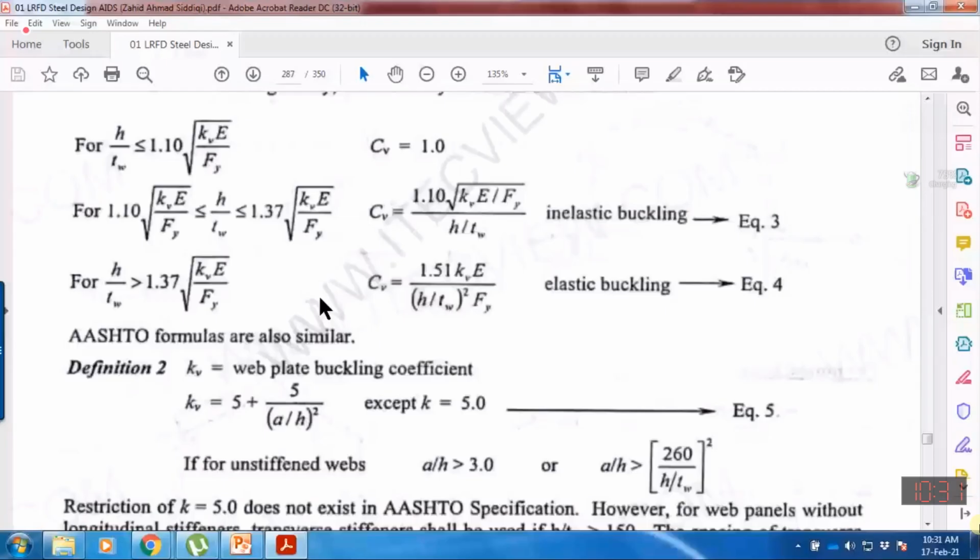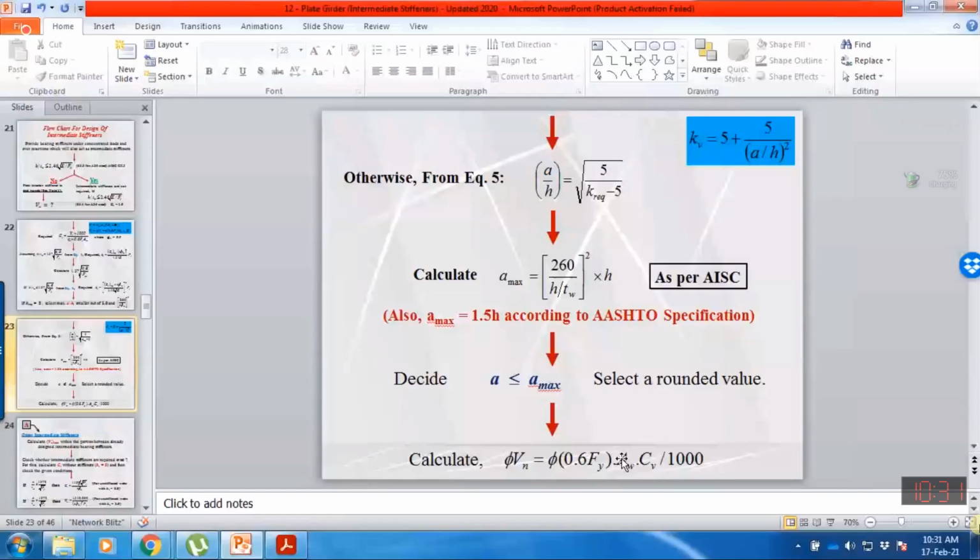If it is more than this parameter, you will recompute the CV value from equation number 4. But if the height of the web over thickness of the web ratio is lesser than this parameter, and more than this, then you will compute the CV value from equation number 3. And then you will verify the shear capacity by using this equation. And if this shear capacity is more than the Vu value, then it is okay.